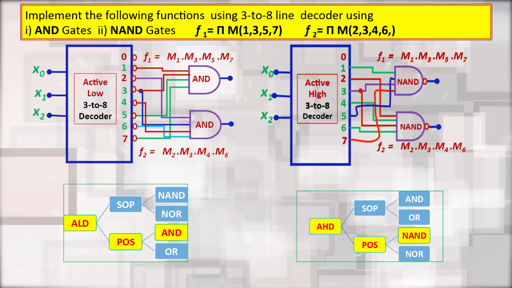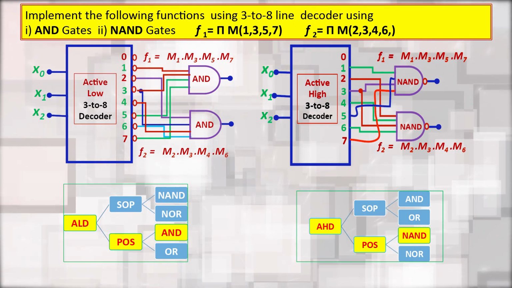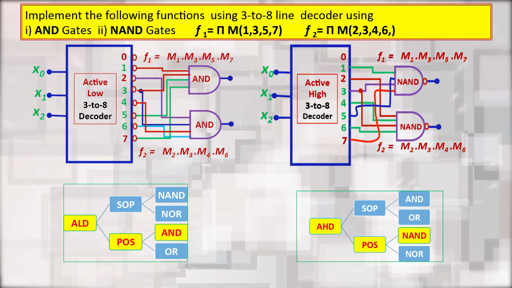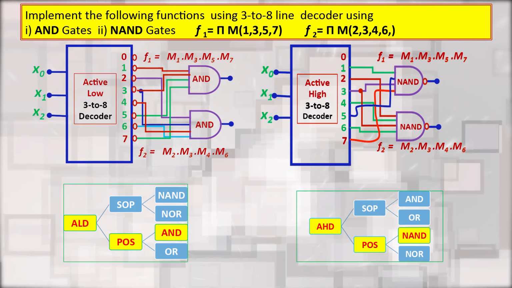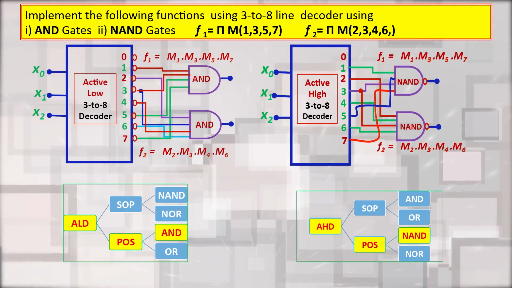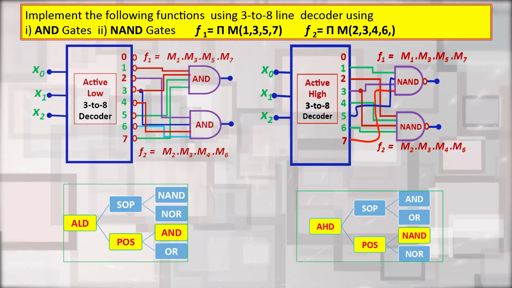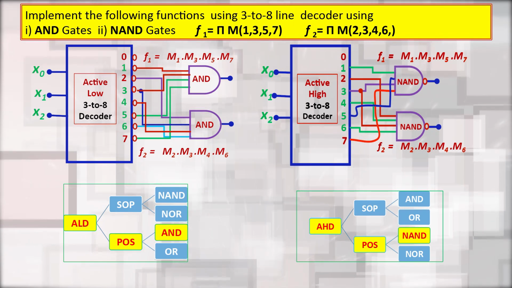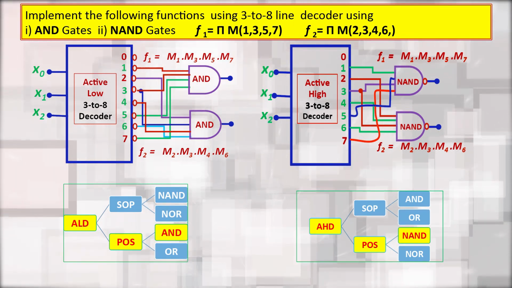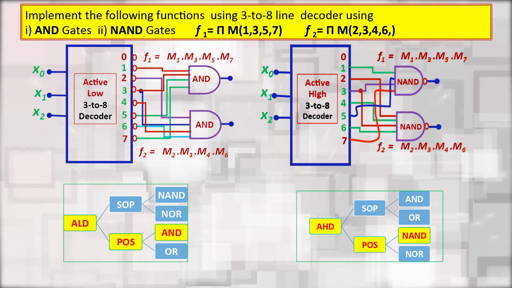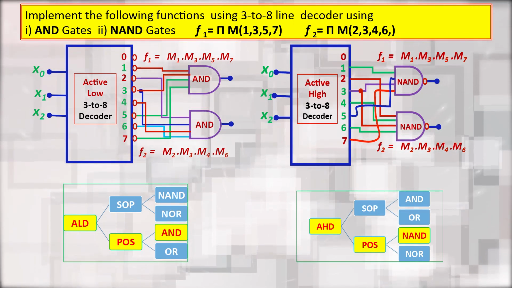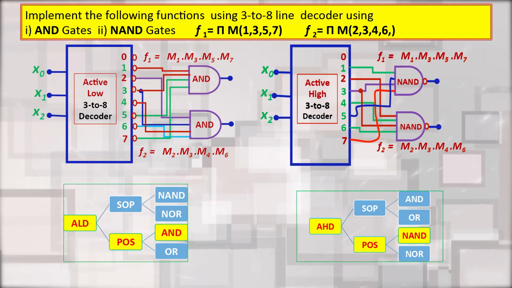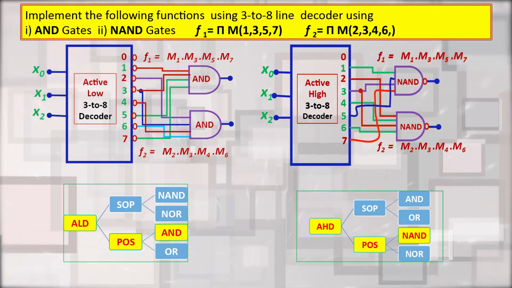So, obviously, we will realize this function using the SOP equation. So, we will have an active high 3 to 8 decoder and will make use of an AND gate, and the corresponding outputs that we are getting from the SOP equation are 1, 4, 6. So, 1, 4, 6 will be connected to the input of the AND gate, and this is where we realize this function.